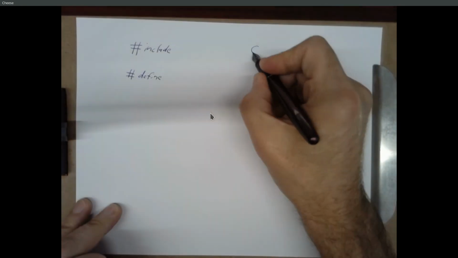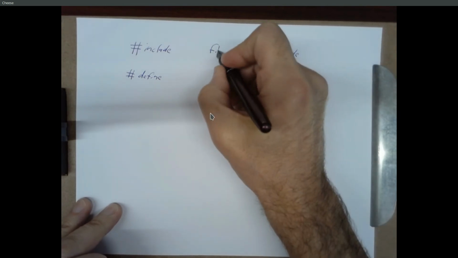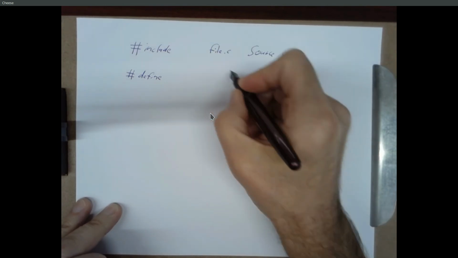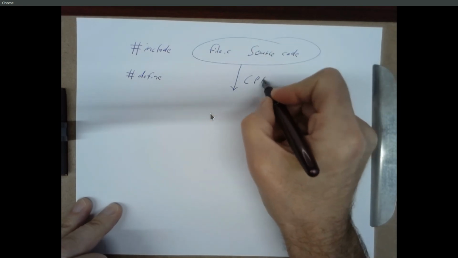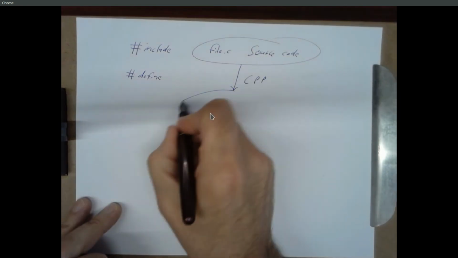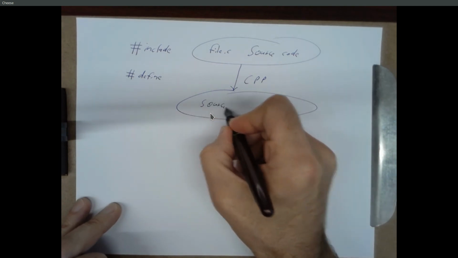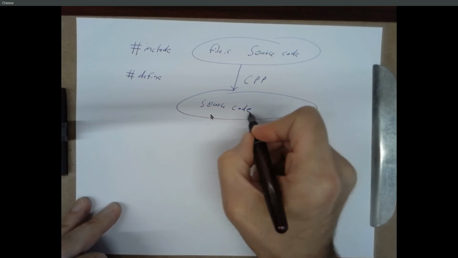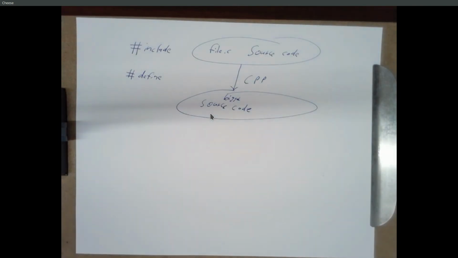So here's your source code, which is file.c. That goes through the C preprocessor and gives you bigger source code, but it's still just C code.